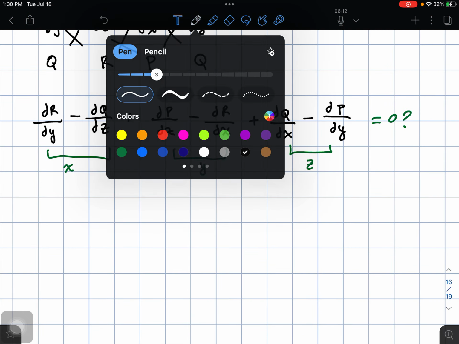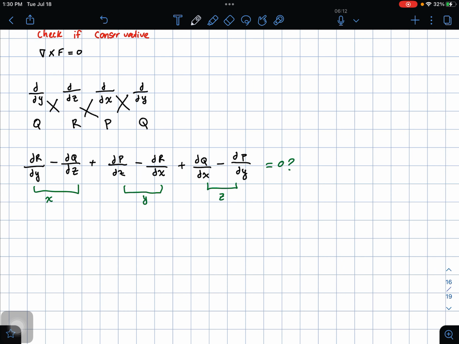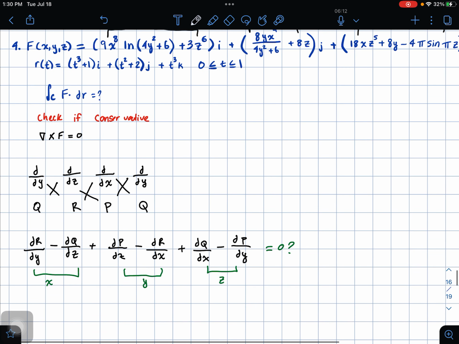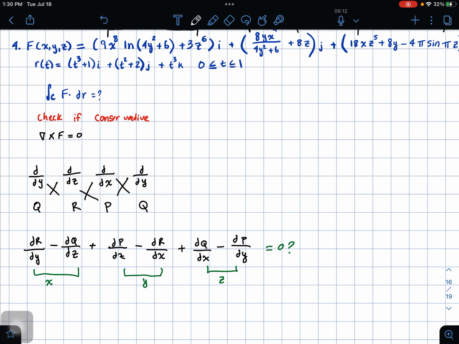Okay, so the reason we're checking if it's conservative is that if it's conservative, you can write this function right here as the gradient of something.